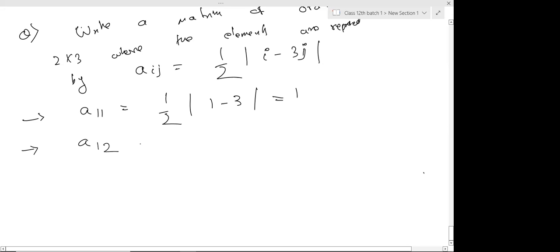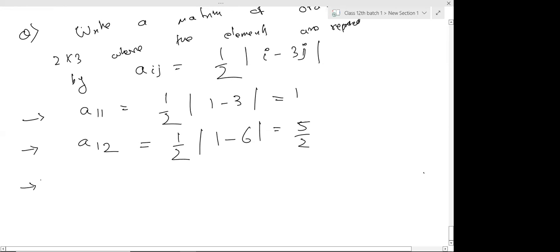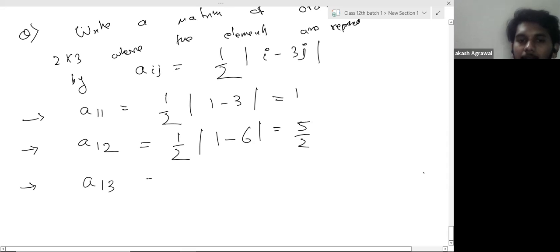Now A12 will be half mod of 1 minus 6. So this is 5 by 2. Now how many rows and columns? This is 2 rows and 3 columns. So A13 will be half mod of 1 minus 9. So this will be 4. Now A21, second row, first column, half mod of 2 minus 3.